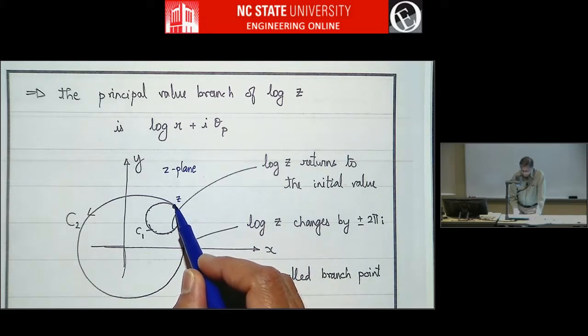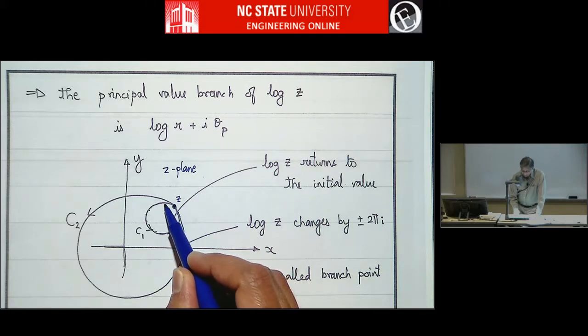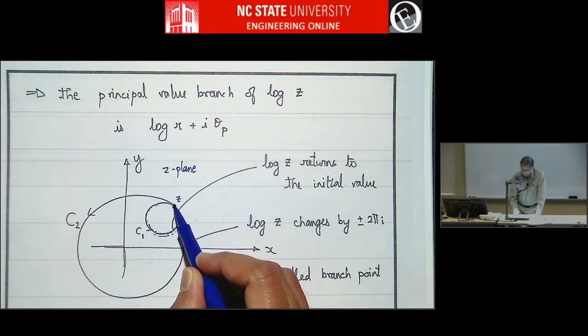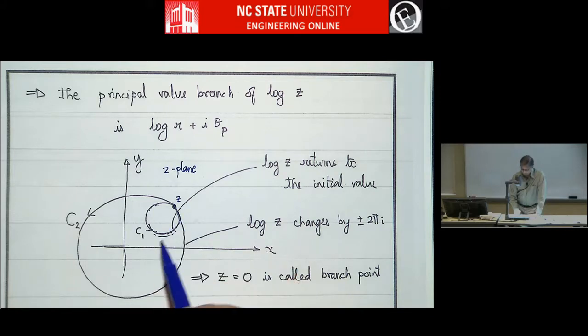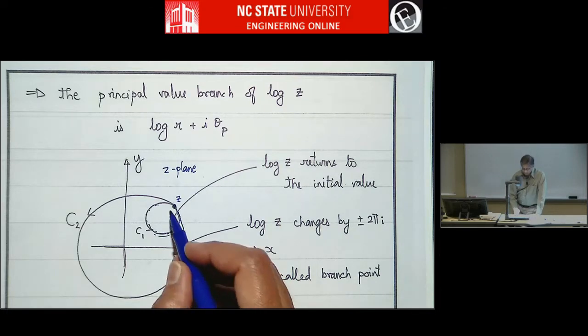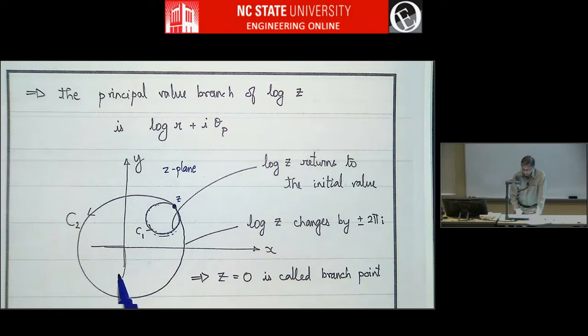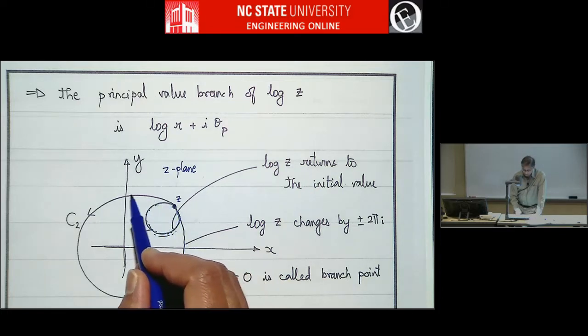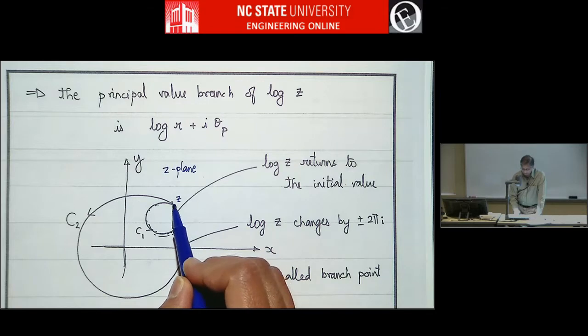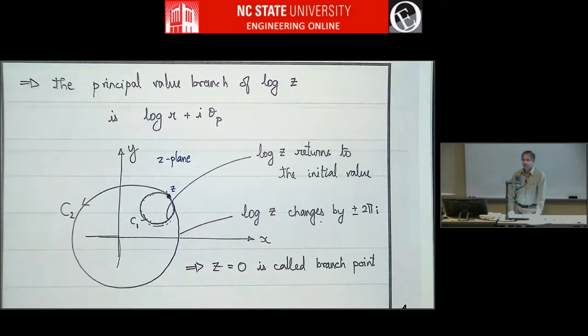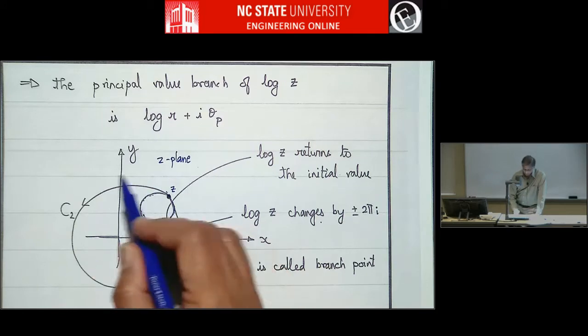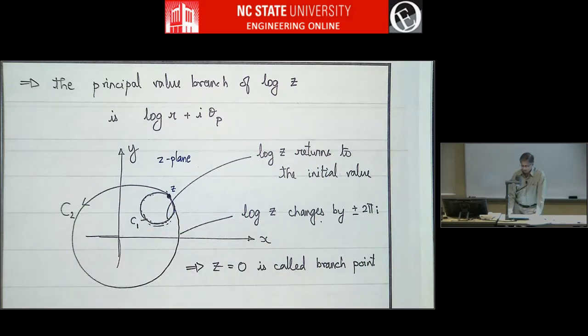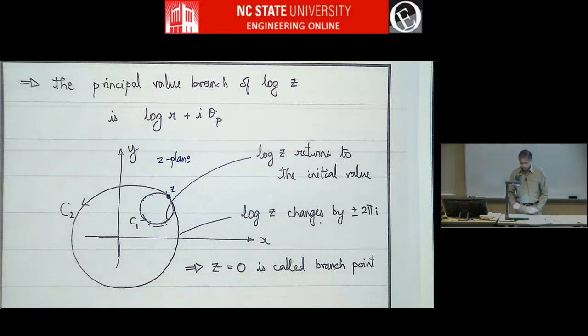If you calculate log z from here and go around a contour like this and come back here, log z will come to the same value with which we started. But if you calculate log z and go around a contour like this and come back here, the log z will change by 2 pi i. And so if you go around 3 times, 4 times, it will change by that many 2 pi i's. So z equals 0 is called a branch point.